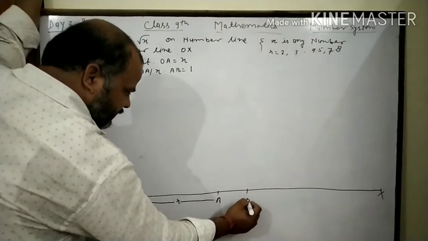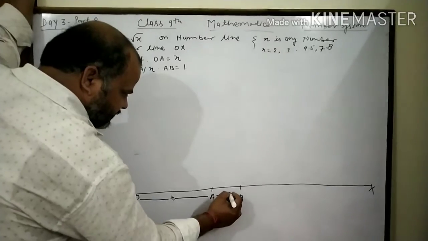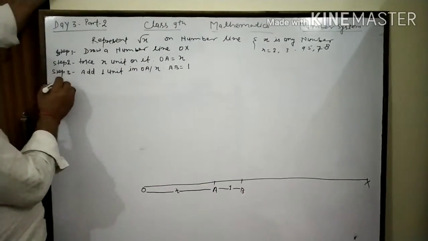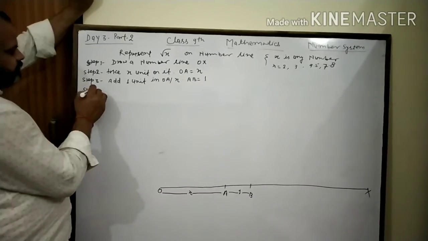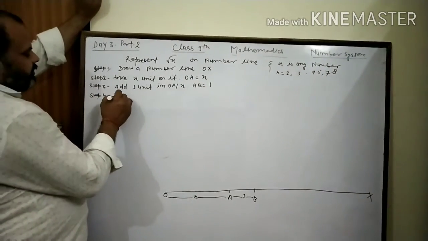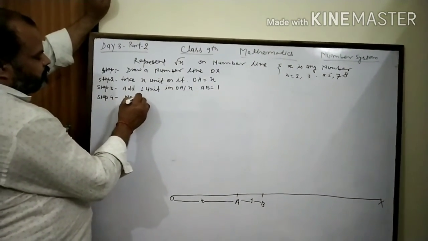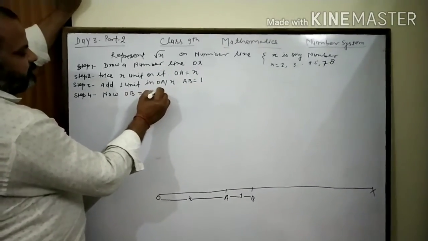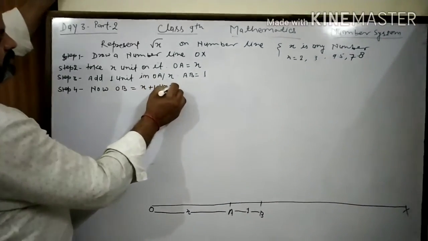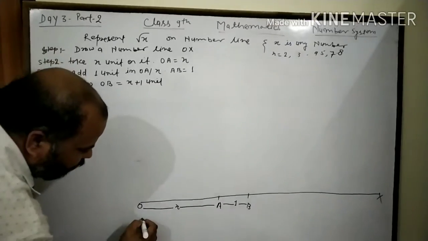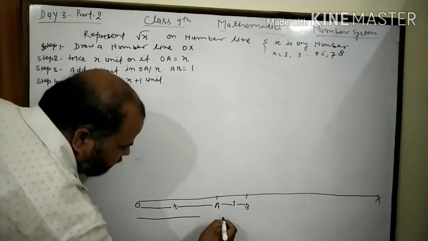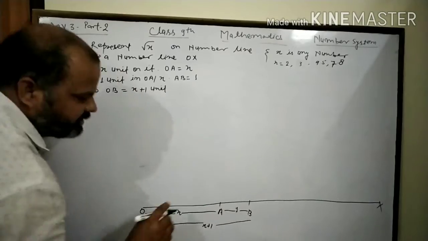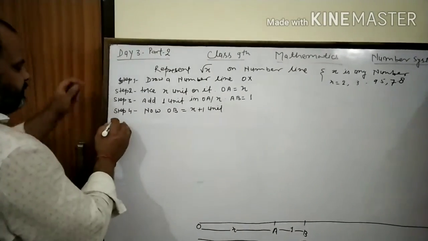Here it is B and this distance is 1 unit. Step 4. Now OB is equal to x plus 1 unit. Here from O to B it is x plus 1 unit distance. Clear?